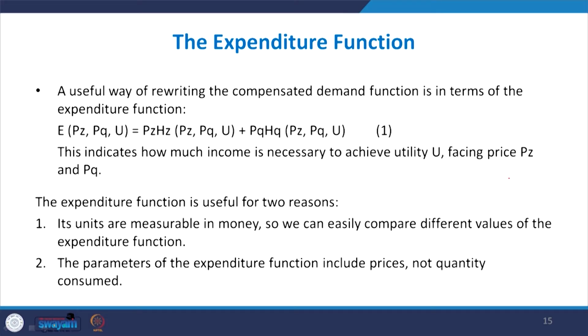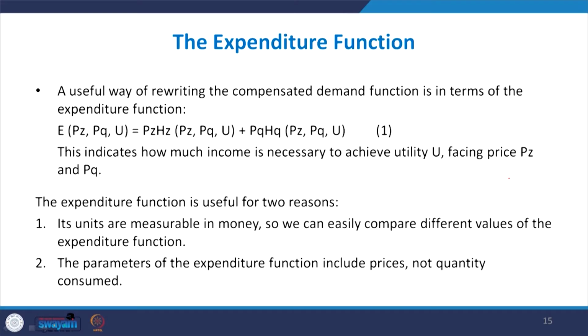So, this is the total budget of the consumer. This indicates how much income is necessary to achieve the given level of utility when the consumer is facing PZ and PQ, the prices of the Z and Q products.